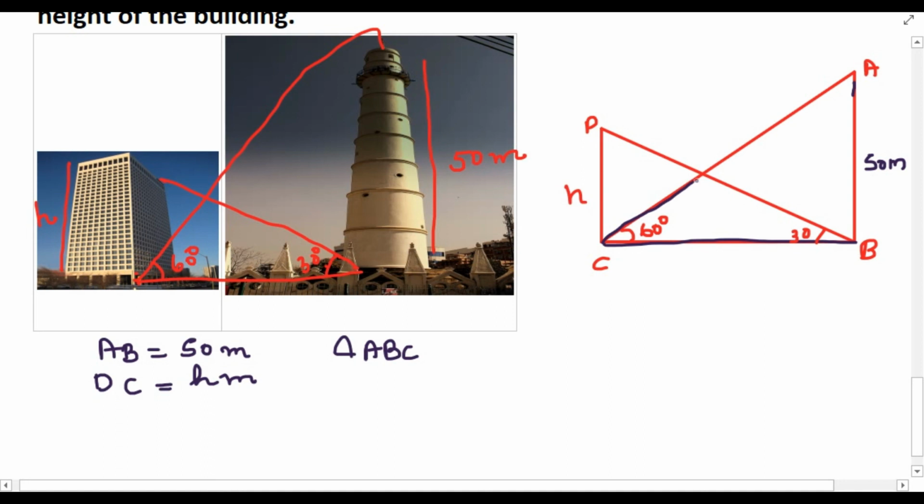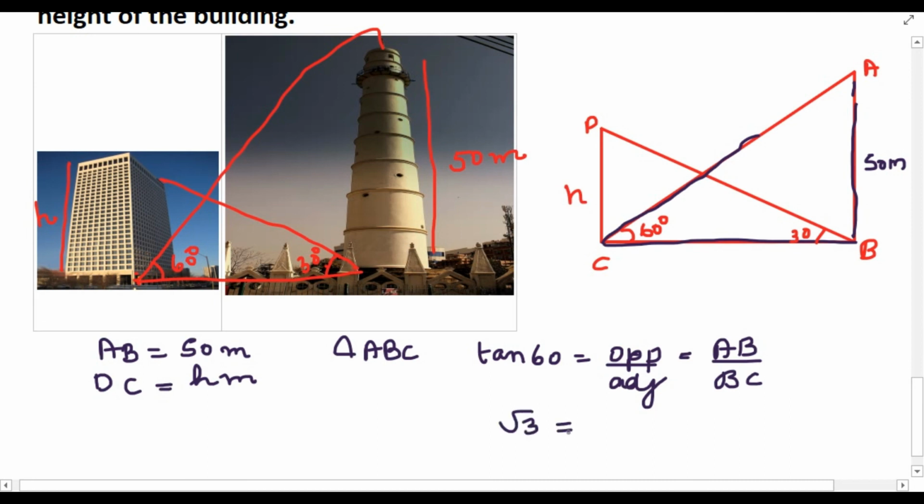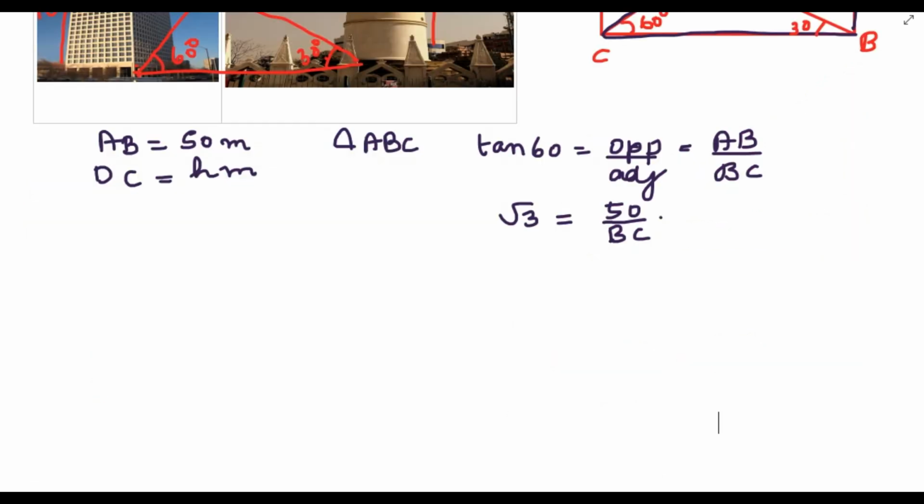If you consider ABC, tan 60 is opposite side by adjacent side. Opposite side is AB, adjacent side is BC. Tan 60 is √3, opposite side is 50, adjacent side is BC. Now we will cross multiply. So BC is equal to 50 divided by √3.